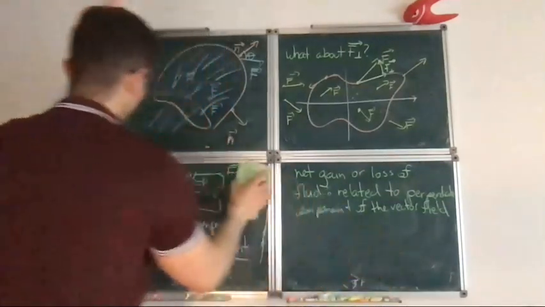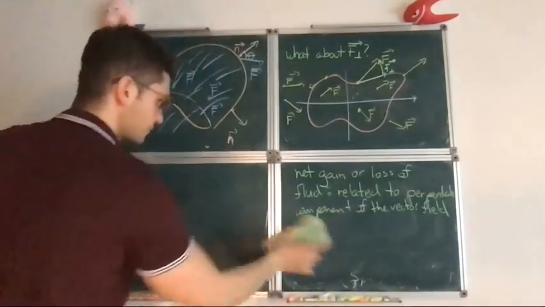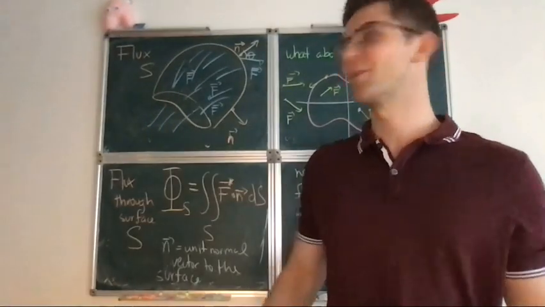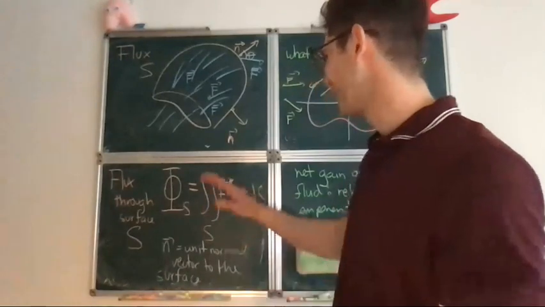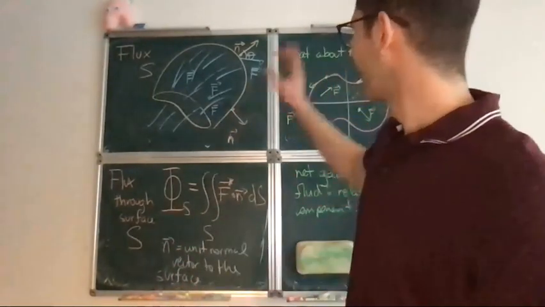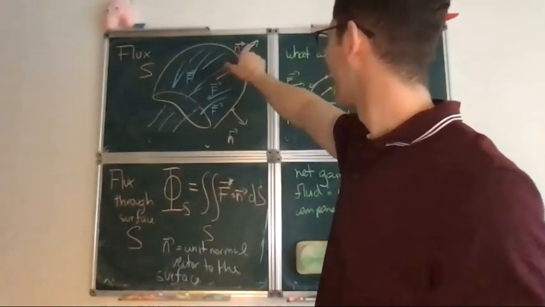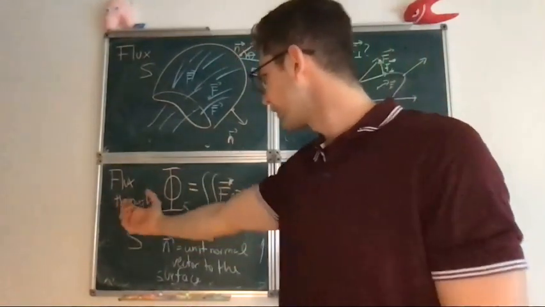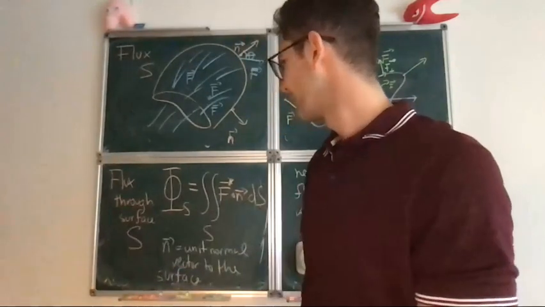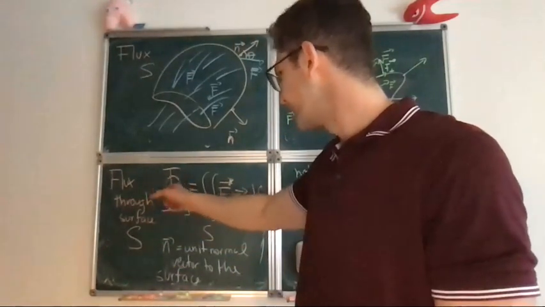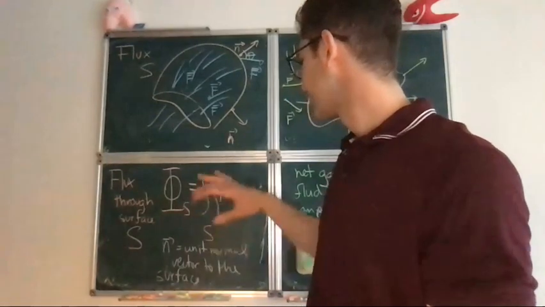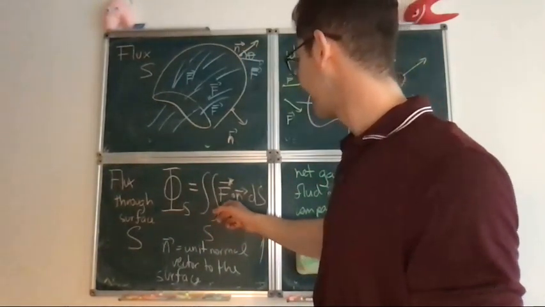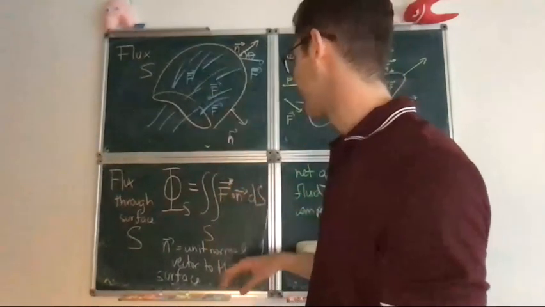And so we say that the flux through a surface. So my recording system keeps crashing, but what I was just saying is that you only care about the component of F parallel to the normal vector, and so the definition of flux through a surface S, which is usually denoted V sub S, is just going to be the integral of this normal component of the velocity vector over the entire surface.